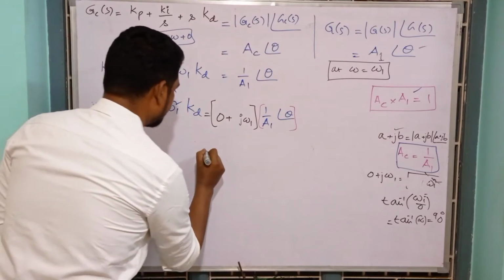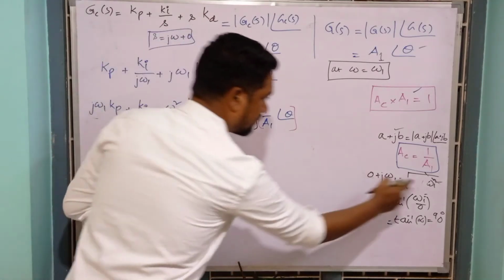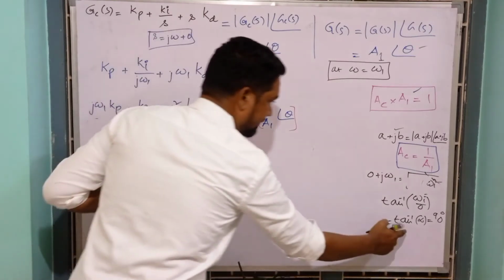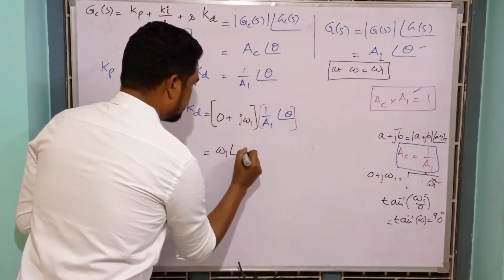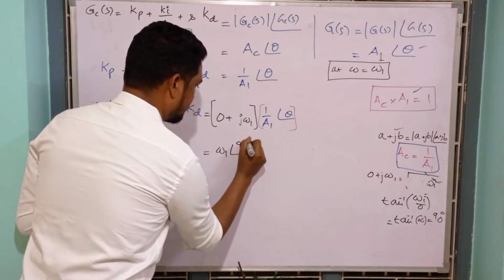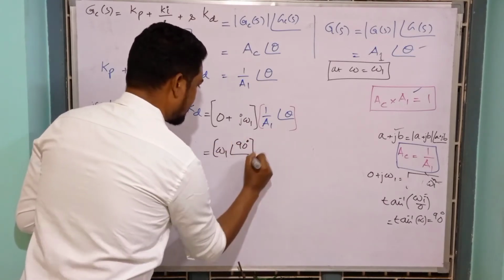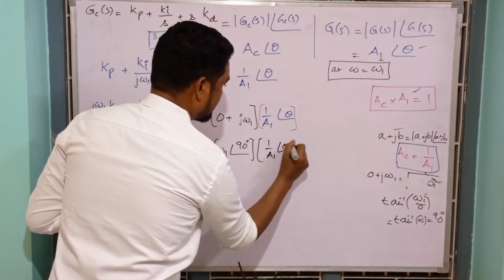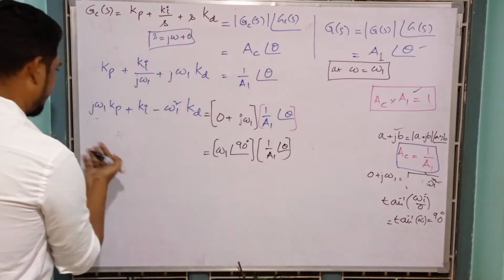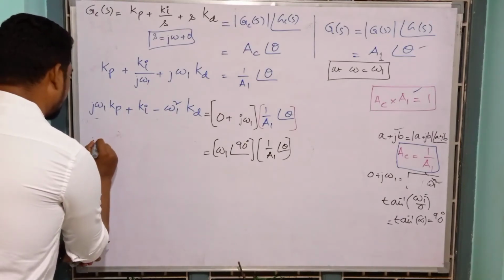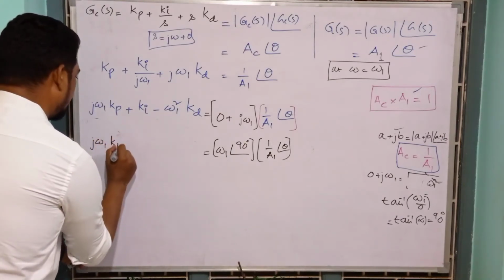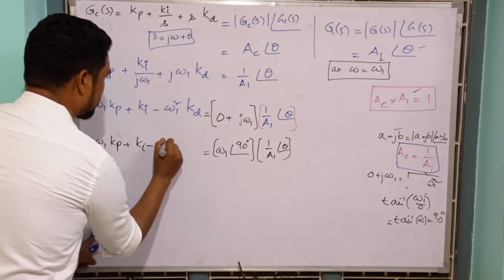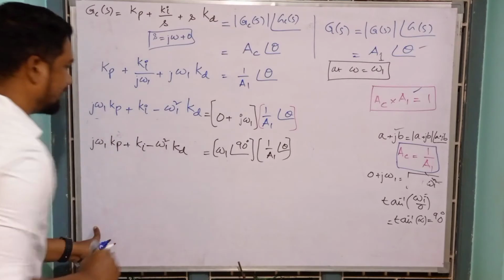So guys, the magnitude will be only omega 1, and the phase angle from here will be 90 degrees, from the first function, and from the second function 1 by A1 with phase angle theta from the previous expression. And we have j omega 1 kp plus ki minus omega 1 square kd on the LHS.